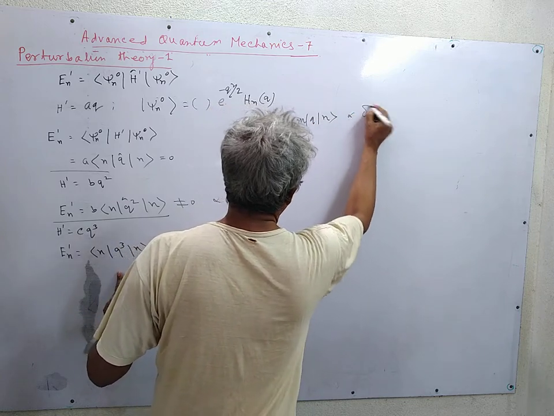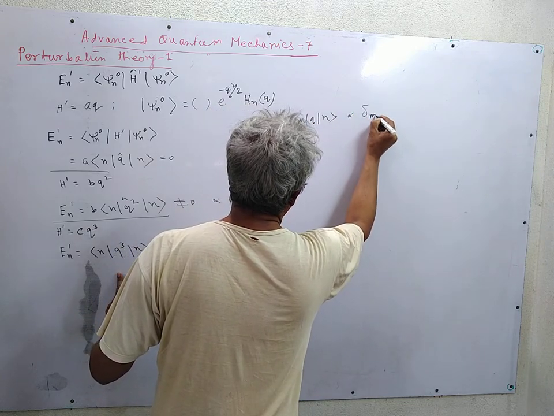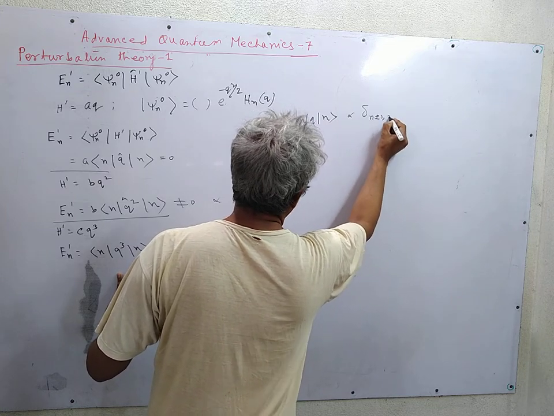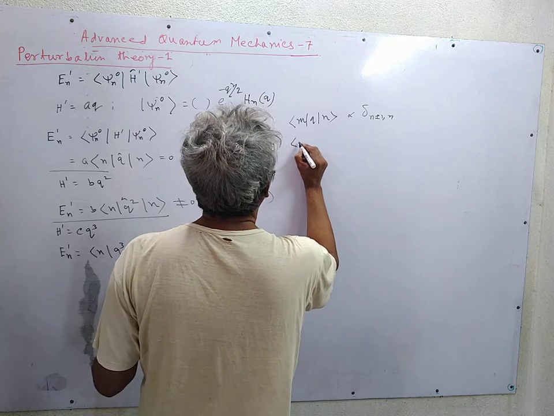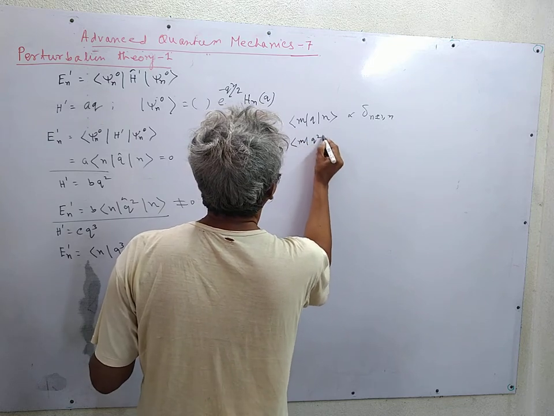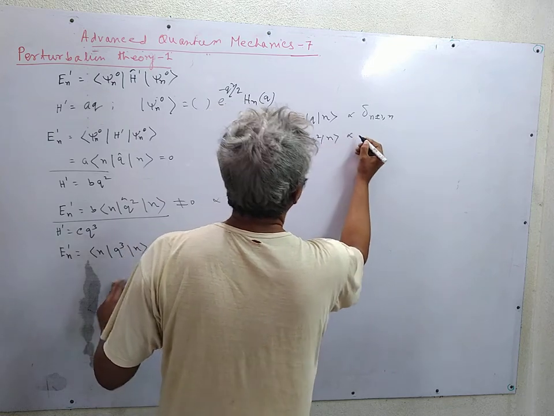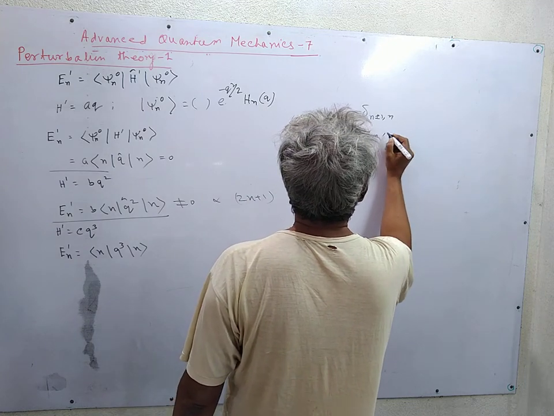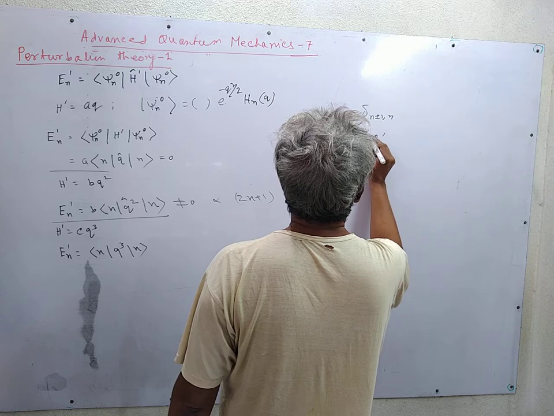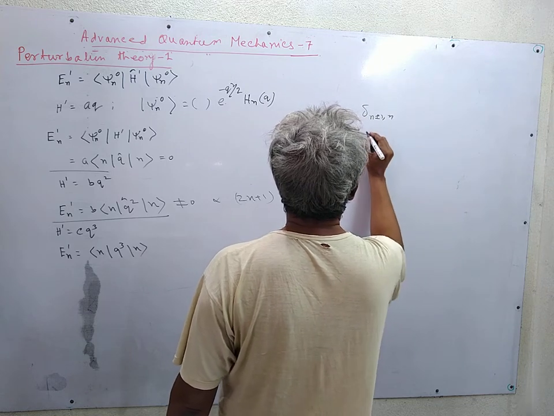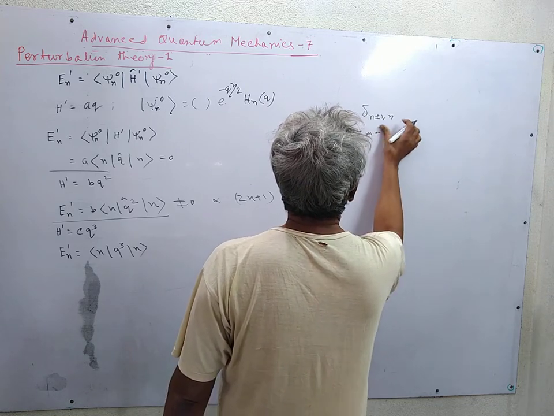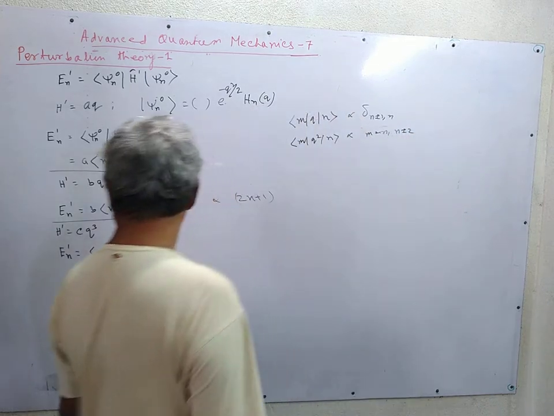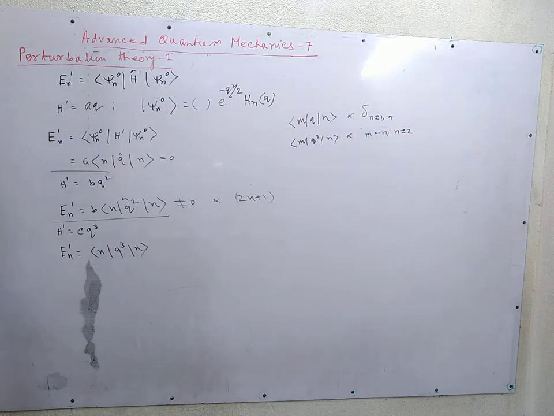This is delta m, n plus minus 1, and we know that m q square n has 3 contributions: m is equal to n and n plus minus 2. There are 3 contributions. We can use this.